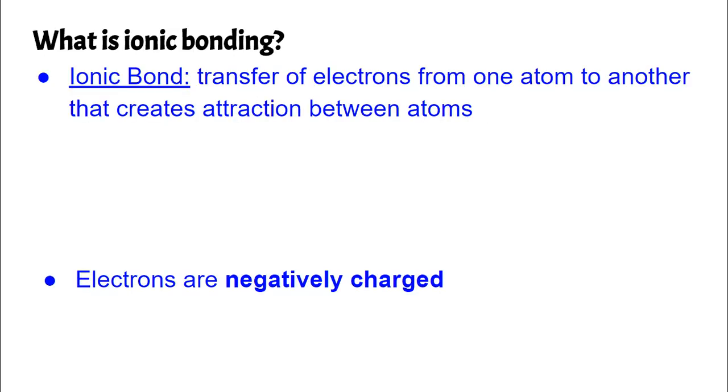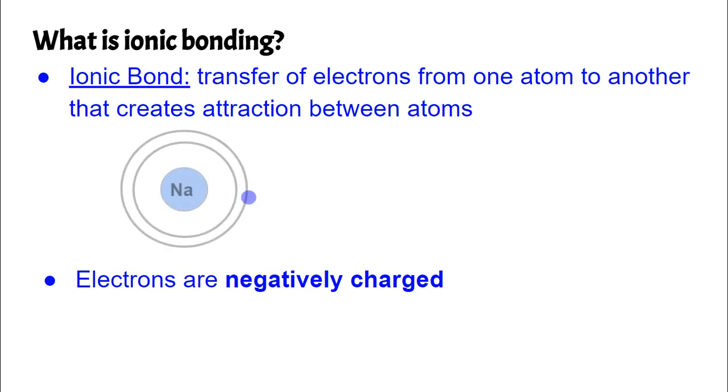Let's talk about ionic bonding now. So what is an ionic bond? An ionic bond occurs when electrons are transferred from one atom to another. And transferring or moving an electron from one atom to another is going to create an attraction between these 2 atoms.